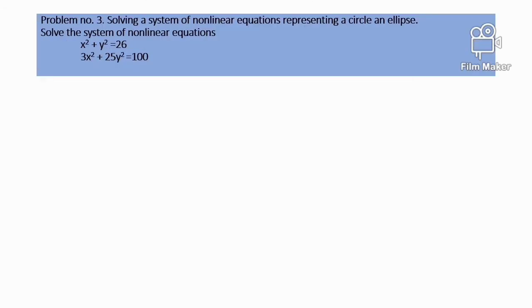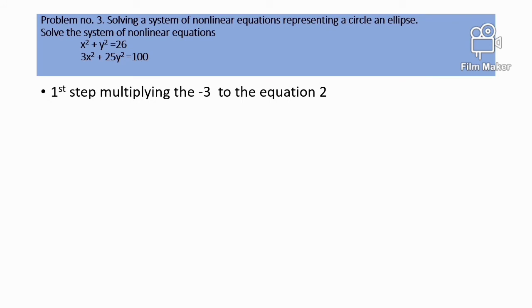Problem number 3. Solving a system of nonlinear equations representing a circle and ellipse. Solve the system of nonlinear equations. x squared plus y squared equals 26. And then 3x squared plus 25y squared equals 100.